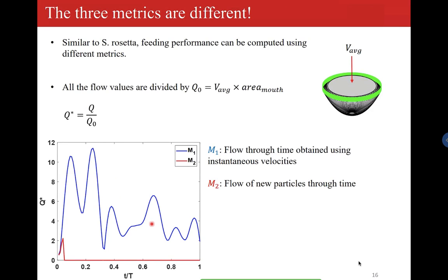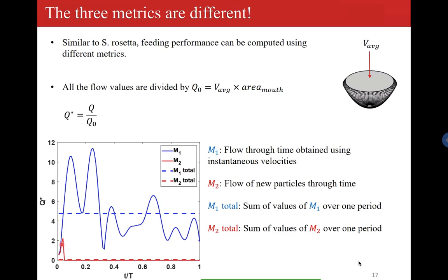And this allows us to introduce our own metric for feeding performance. In this figure, the blue curve shows the metric where we use the instantaneous velocities to capture the flows, as we discussed in the S. rosetta, and the red is our metric, which only includes the flows that contain new nutrient particles.